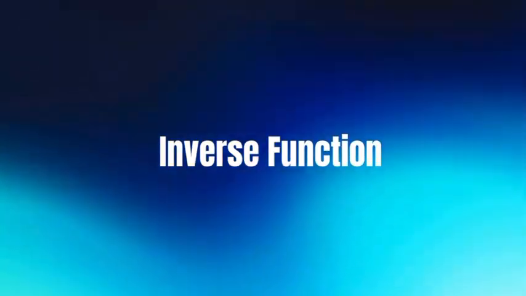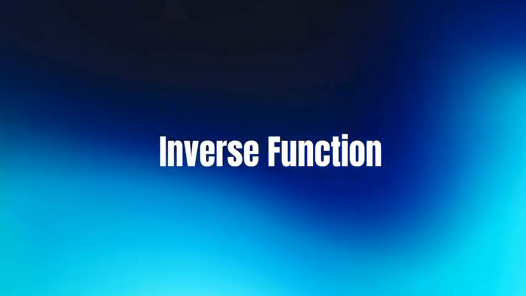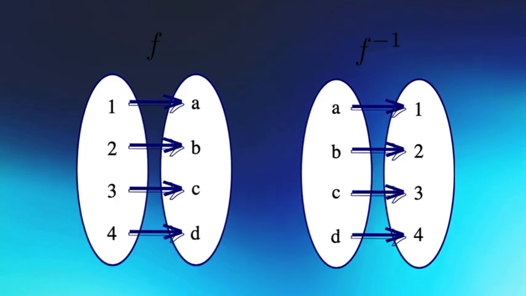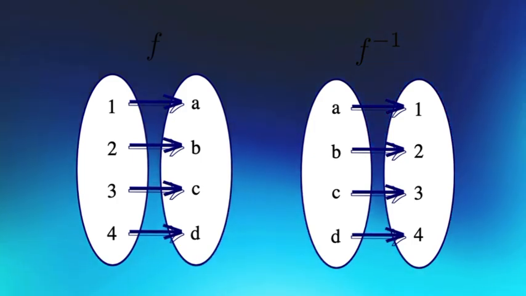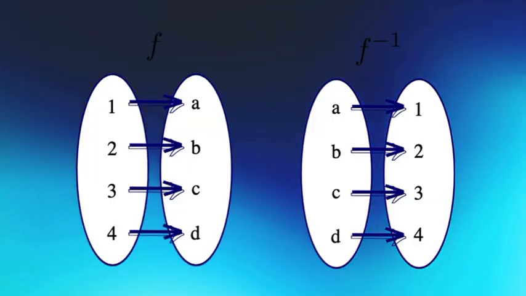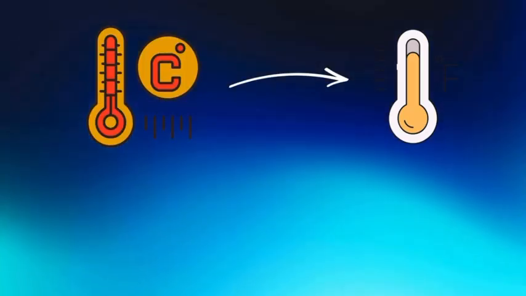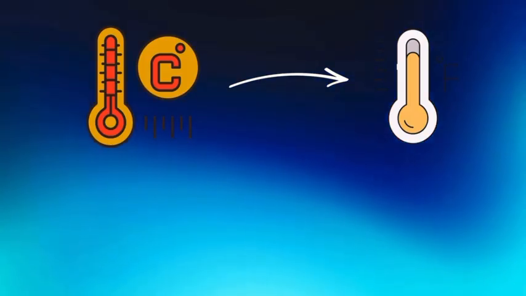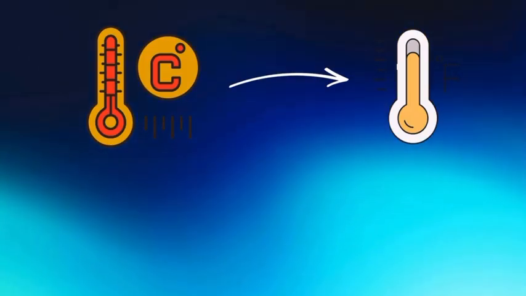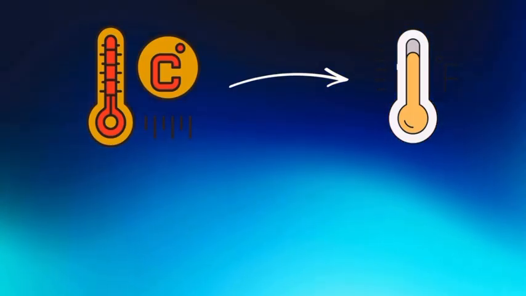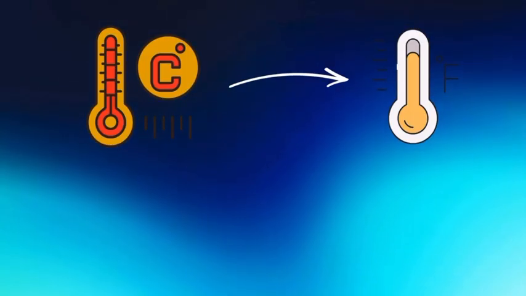Another type of function is called inverse function. If a function goes from point A to B, the inverse is its opposite, from point B to point A. Think about temperature. If you know the weather is 25 degrees Celsius, a function can tell you that's 77 degrees Fahrenheit. But what if you are in the US and see 95 degrees Fahrenheit on a sign?